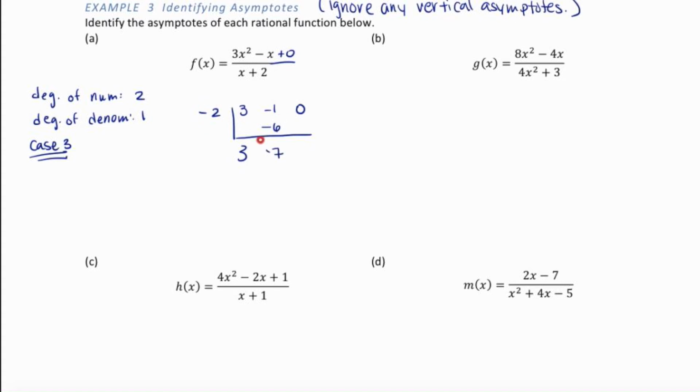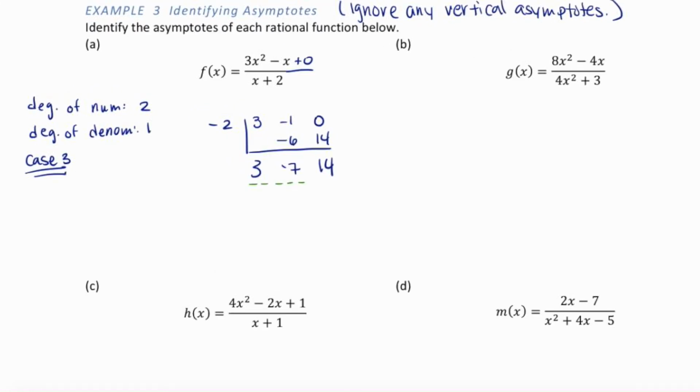Negative 2 times negative 7 is positive 14. And I have a remainder of 14. My slant asymptote can be described with these first two terms. So my slant asymptote is located at y equals 3x minus 7.